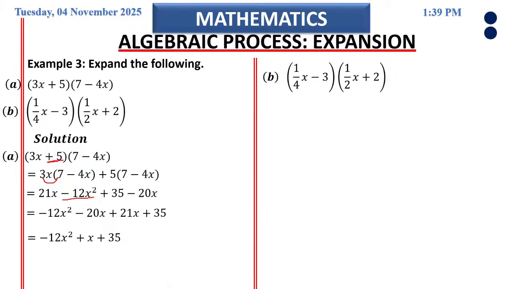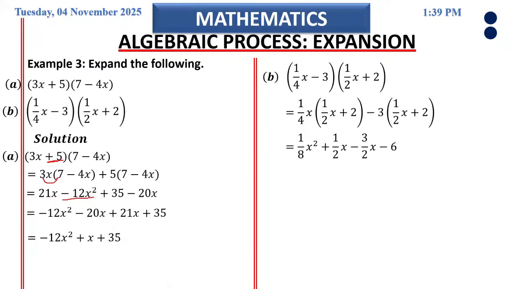The same procedure. 1 over 4x is multiplying everything, and minus 3 is multiplying everything too. So if you're doing it that way, it implies that 1 over 4x times 1 over 2 will give us 1 over 8x squared. Please be careful.